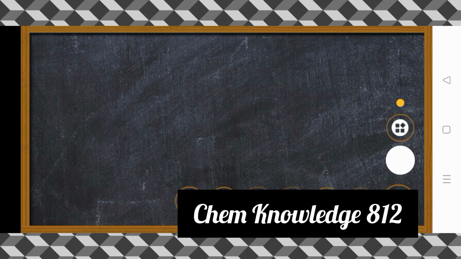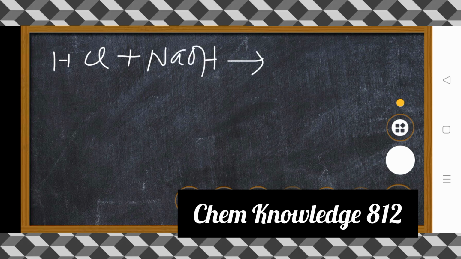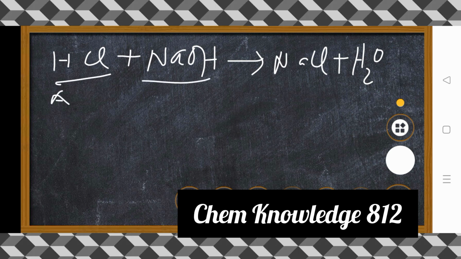For example, the reaction between acid and base: the acid is HCl plus sodium hydroxide, which is a base, and it will produce sodium chloride, this is a salt, and water. So here, this is an acid, this is a base, this is the salt produced, and this is the water, liquid.